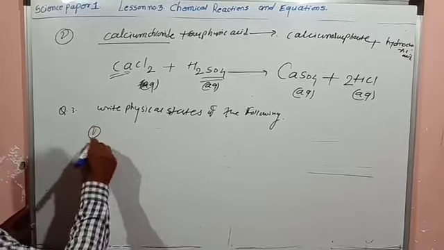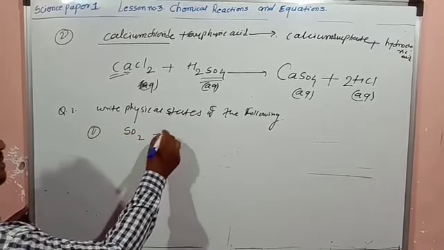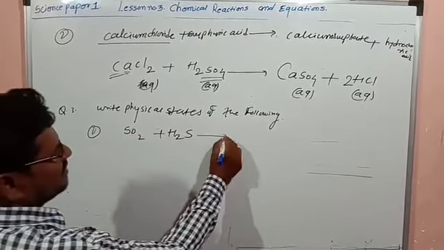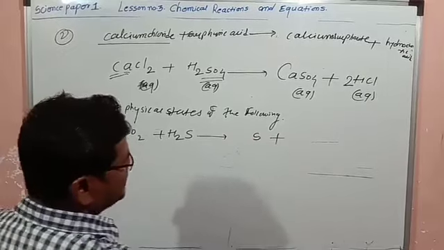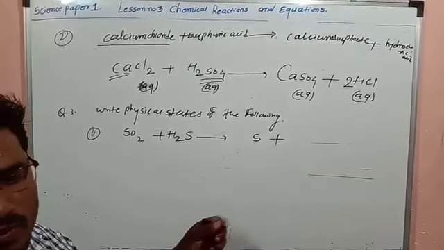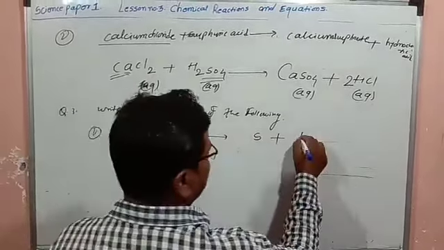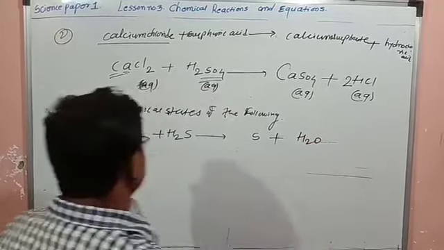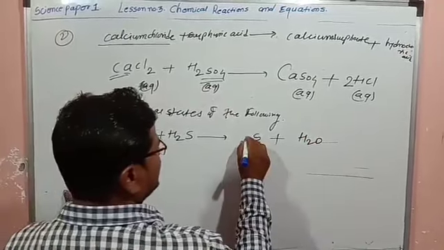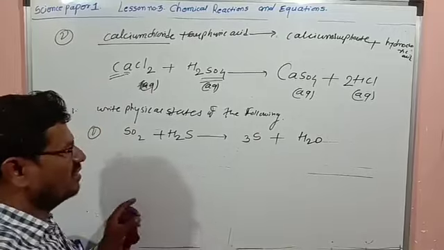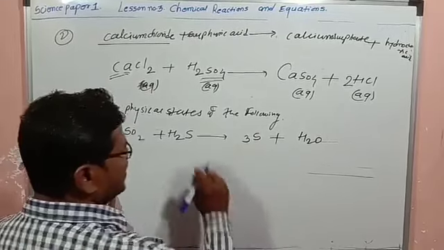The first reaction is SO2 plus H2S, it gives sulfur plus H2O. Here a coefficient of 3 is given.